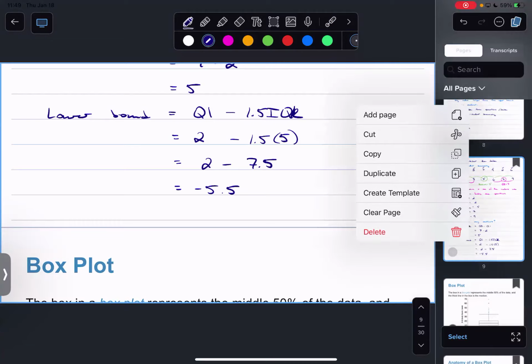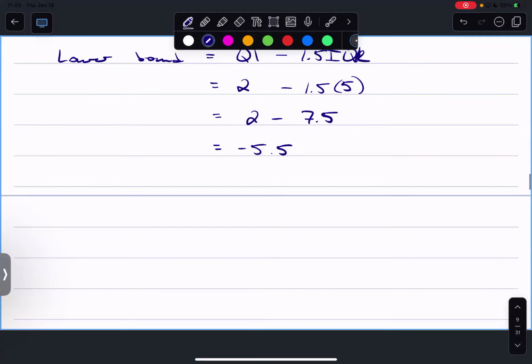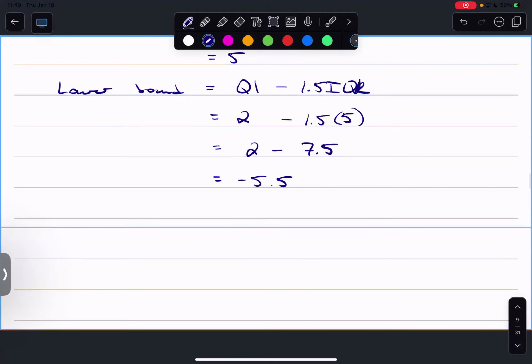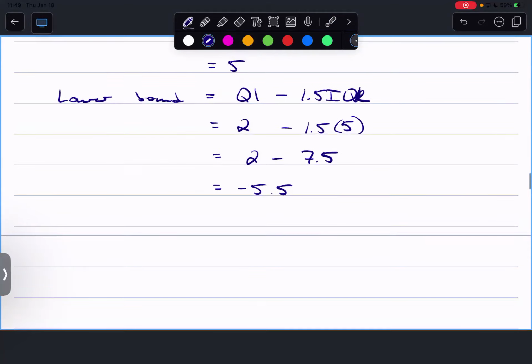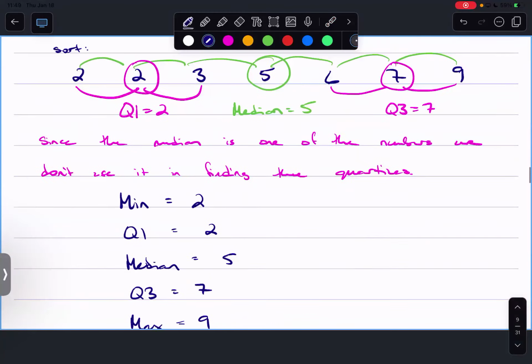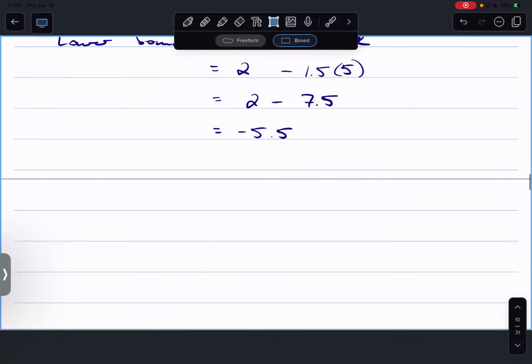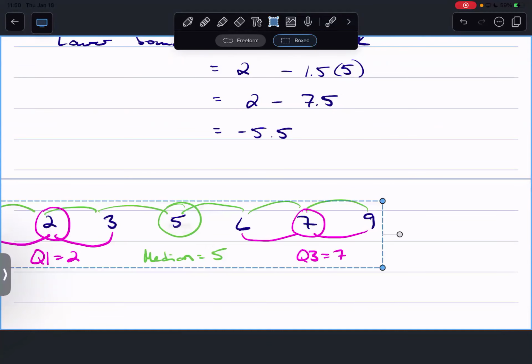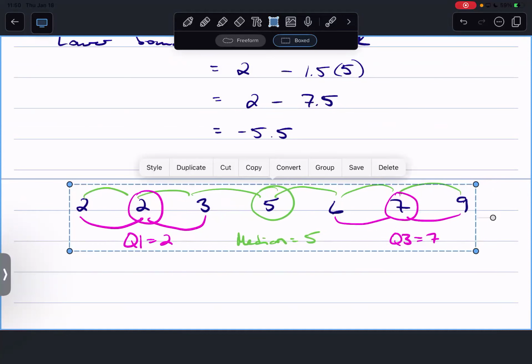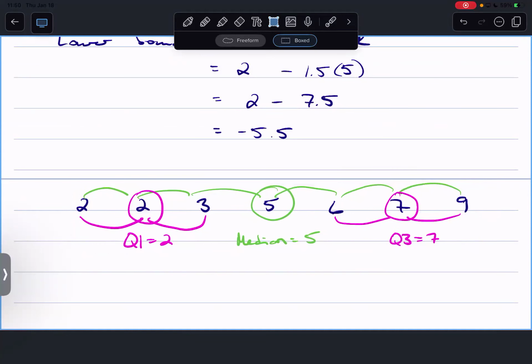And I'm going to add another page here. So then what I'm going to do is, in my data set, which I have sorted already, I'm going to copy it down here. How I like to do it is on a number line, right?